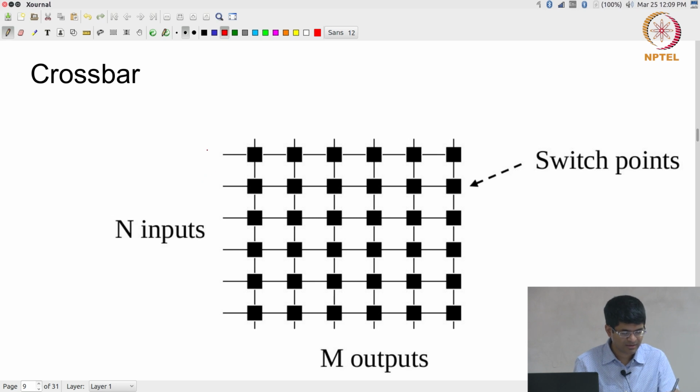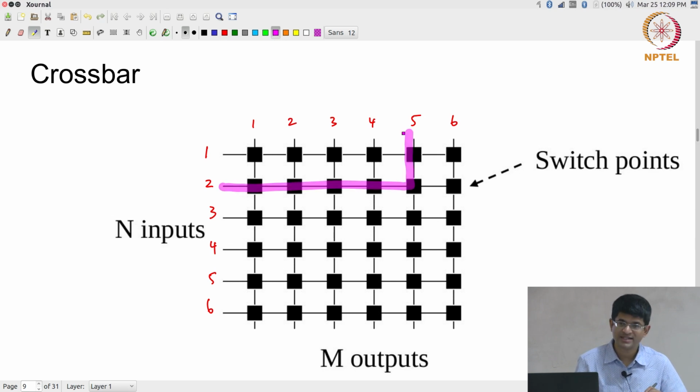So let us say that input two wanted to communicate with output 5, that would essentially be the way that it followed. And at the same time 3 could talk to 4, that could go on, well, let us use a different color, 3 could talk to 4, and somebody else could talk, let us say 4 could talk to 6. All of these things can happen.